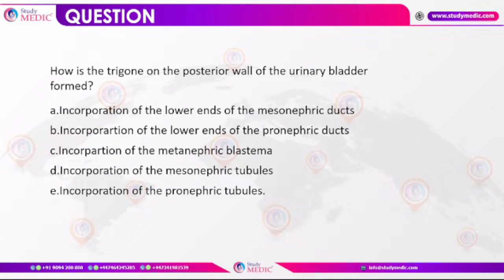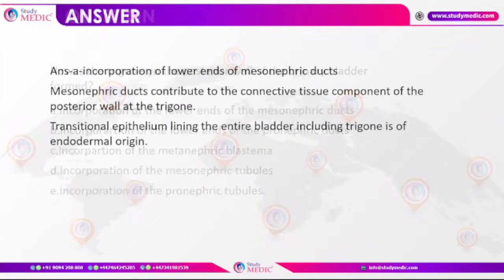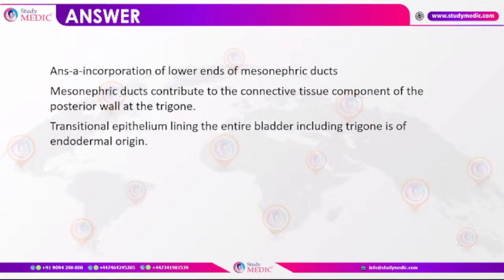So we know the pronephros is completely non-functional, so the probability of the pronephros here is very low. So we are left with the options of mesonephros and metanephros. We need to understand that metanephros is always associated with the kidney per se, that is the development of the nephron. So we have two more options left, which is the mesonephric duct or mesonephric tubule. So the answer for this is the mesonephric duct.